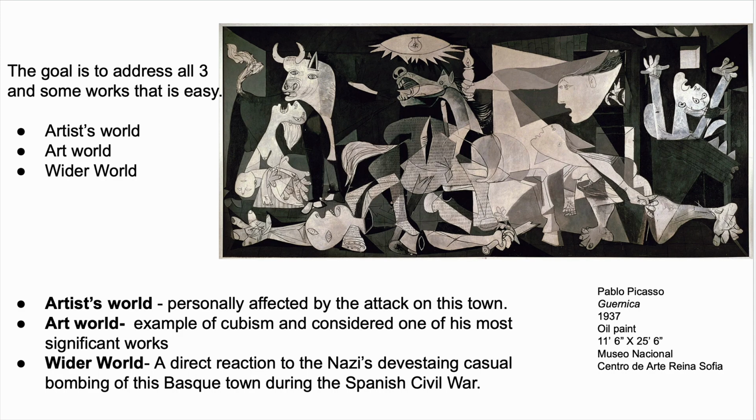And then finally, this is Guernica by Picasso. This is all about the attack on this town by the Nazis. And this is another seminal work of art. And you would find lots of stuff about how he felt, the artist world, how he felt affected by the attack on this town, the art world, because this is a huge and major and significant example of Cubism, considered one of the most significant pieces on Cubism, and of course the wider world.